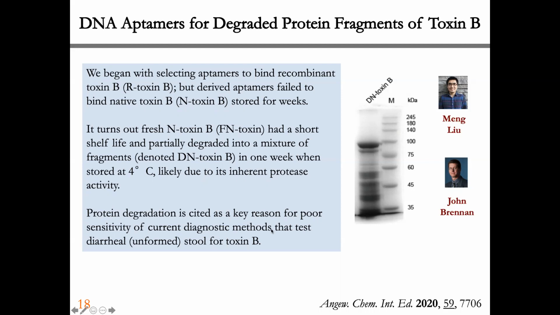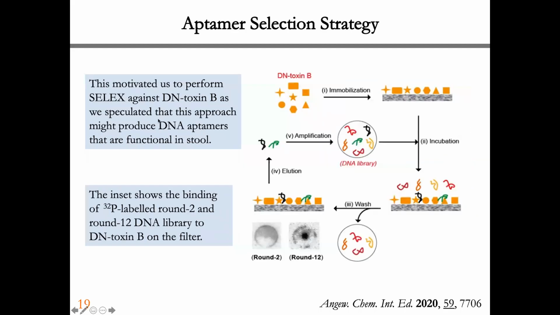And so that motivated us to now do the selection against this denatured or degraded native toxin B. So we came up with a method. We basically incubate the degraded toxin B and put it on the nitrocellulose. Nitrocellulose binds all the proteins.